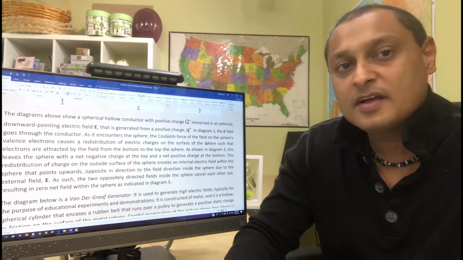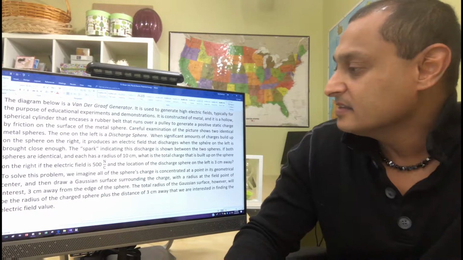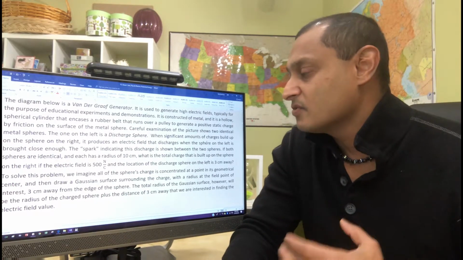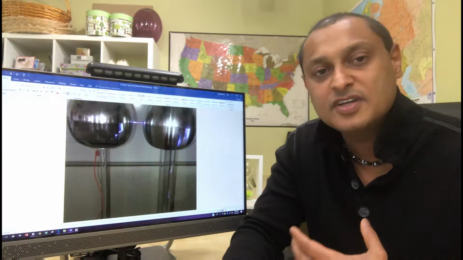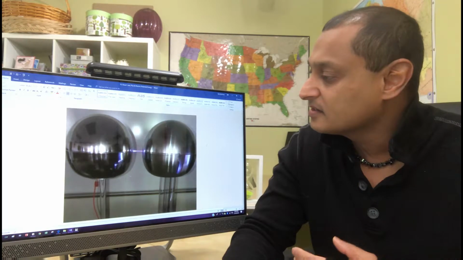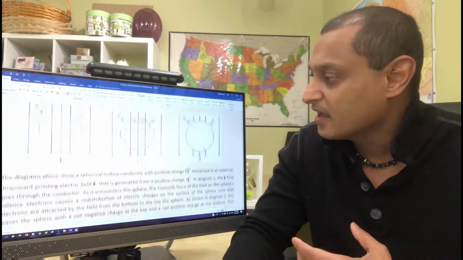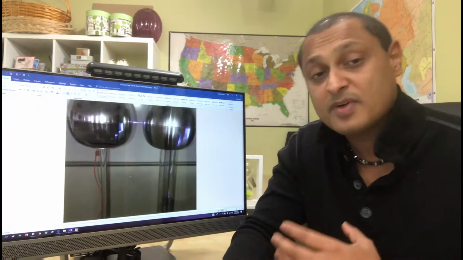As we scroll throughout the rest of the chapter, much detail is given as to the generation of electric fields, in particular something called a Van de Graaff generator, which is a hollow conducting sphere, much like we described here theoretically, and here it's shown experimentally.